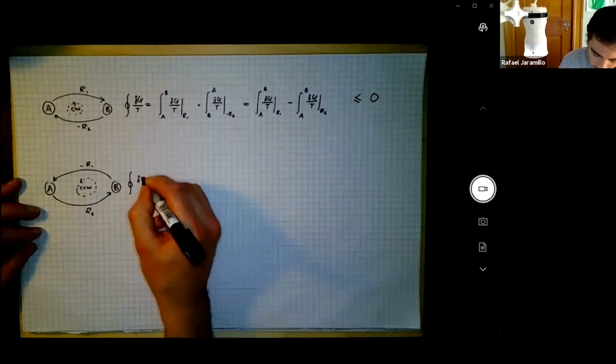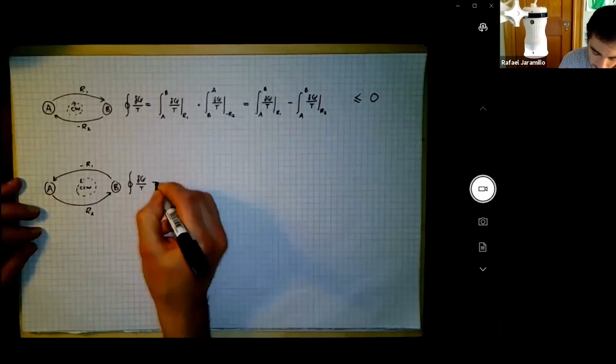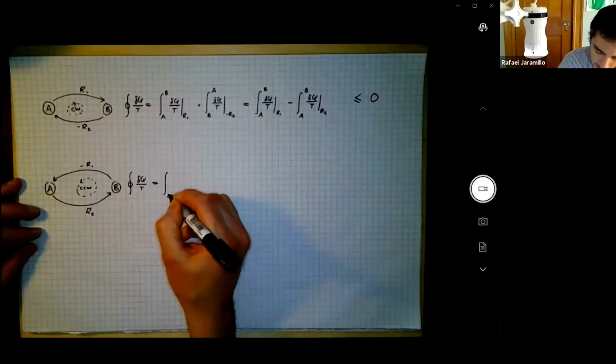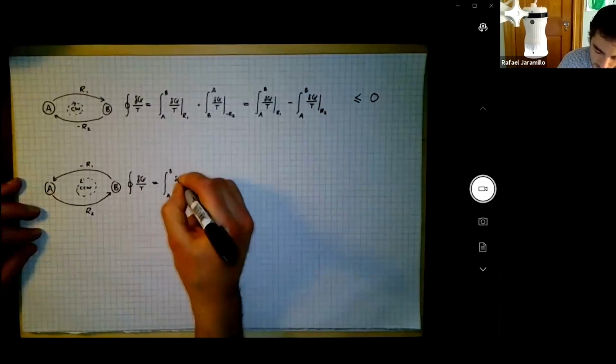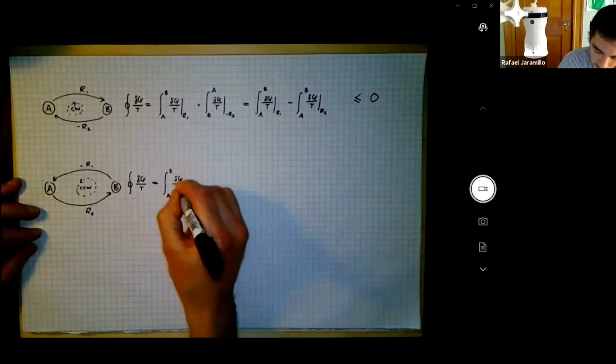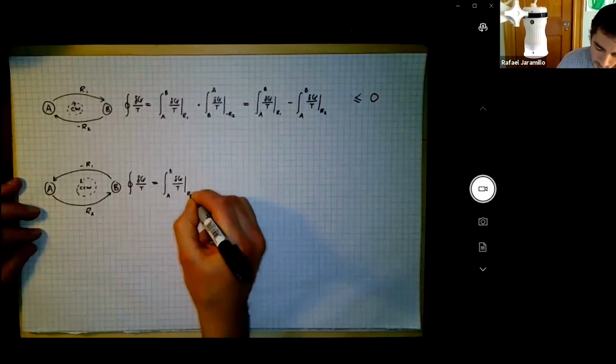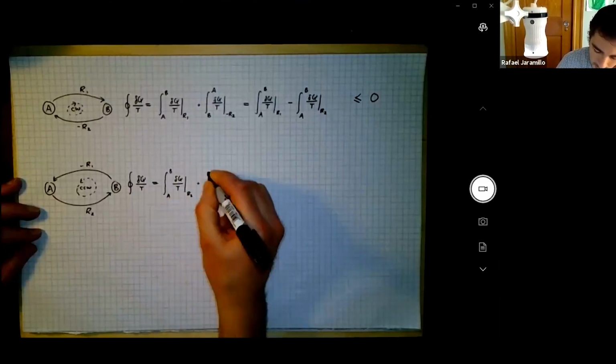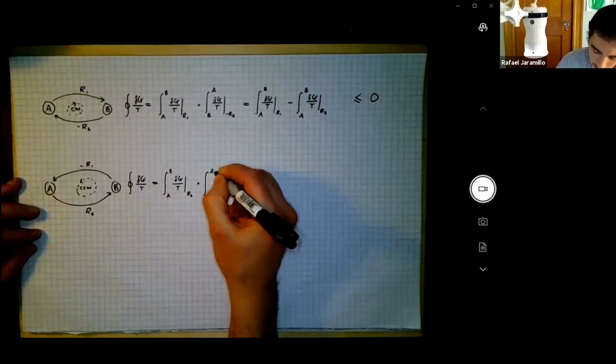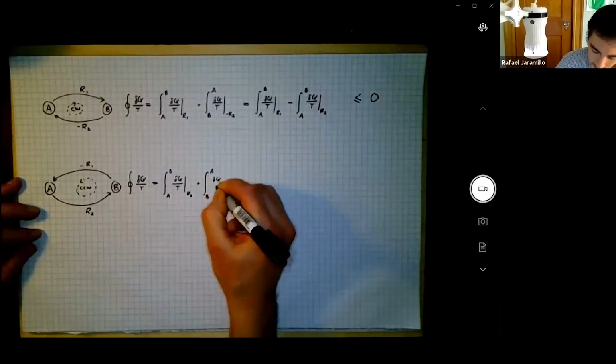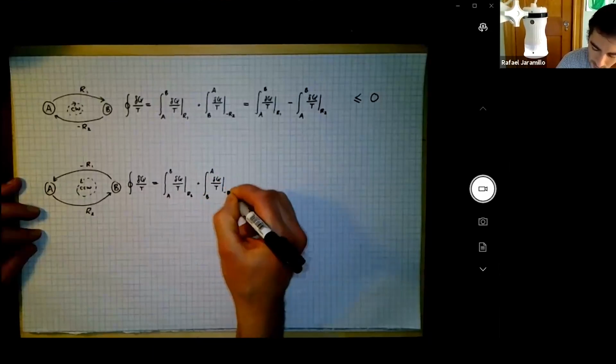The cyclic integral of dq over T equals the integral from A to B of dq over T along R2, plus the integral from B to A of dq over T along path minus R1.